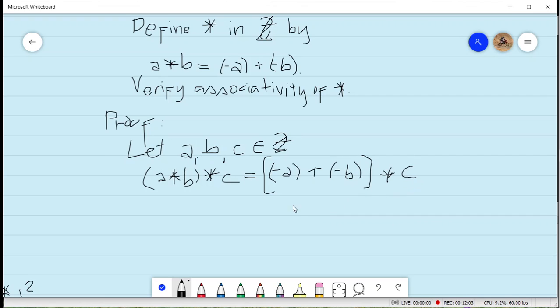So, operation C. But then, this quantity operated to C will just be the negative of negative A plus the negative of B. Okay, the negative of this whole quantity plus the negative of C.